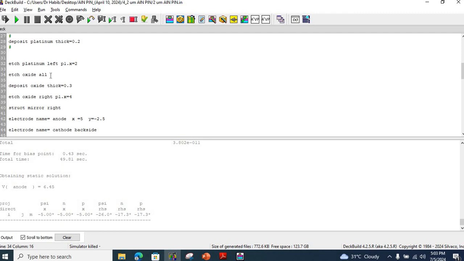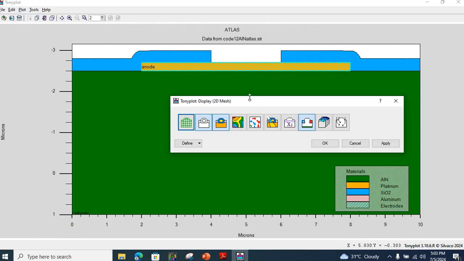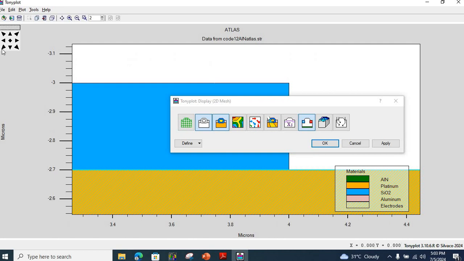Then I deposited a 0.3 micrometer oxide layer, and I etched it to the right of 4 micrometers. As you can see over here, it's running from 2.7 to 3.